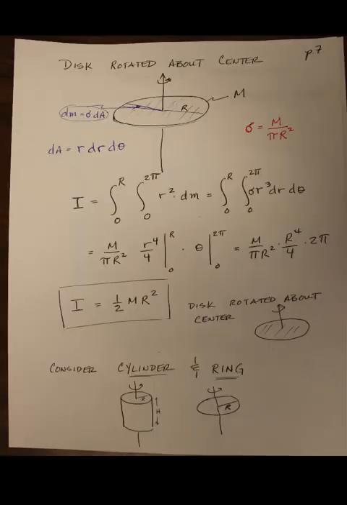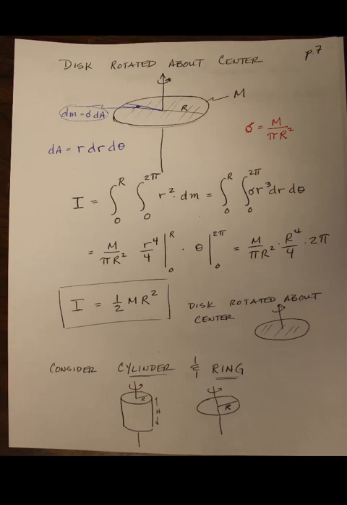So if we have a disk, for example, we'll use sigma because we have a surface, an area that we're going to integrate over, and we end up finding that the rotational inertia, as we integrate from 0 to r for a disk of radius r, and as the angle goes from 0 to 2 pi, is 1/2 the mass times the radius squared. Again, some constant times the mass of the disk times the radius squared.